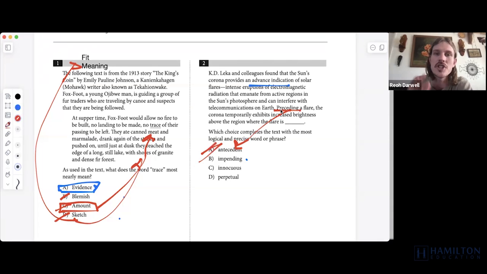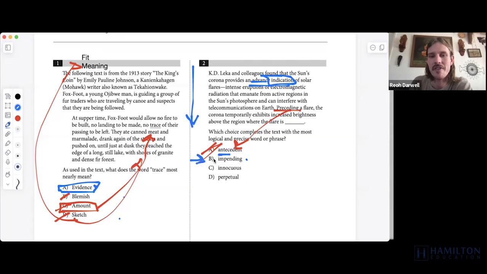And if we're just looking to figure out what synonym I can plug in there that fits with something before, you might end up falling for antecedent if you know what that word means, or if you use the 90-10 rule to figure it out based off of our roots and our prefixes. However, we need to understand the full context, right? So indication doesn't just mean before, right? It means before, showing that it's going to happen.